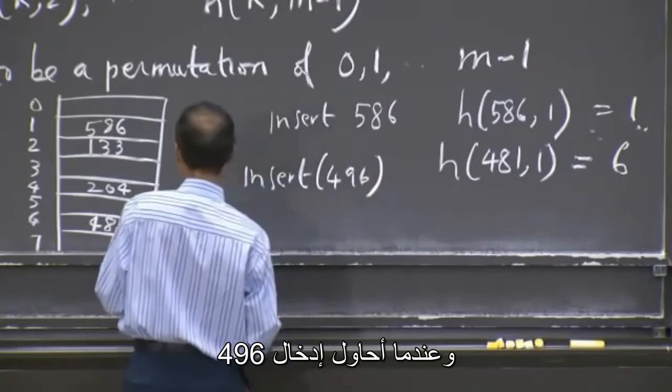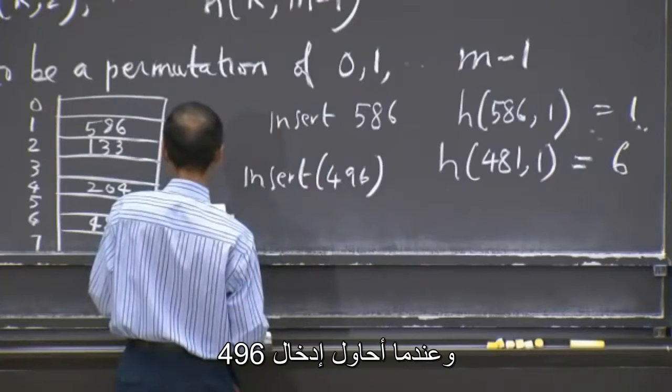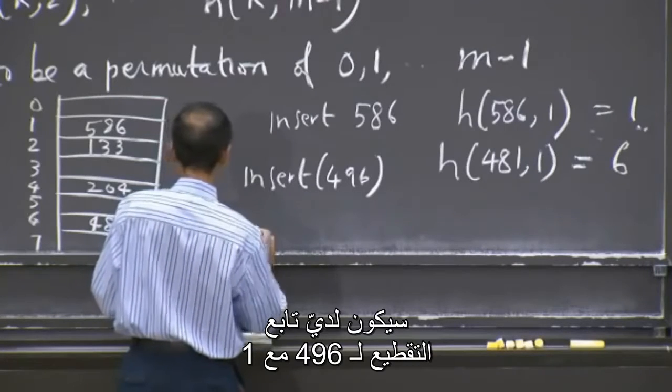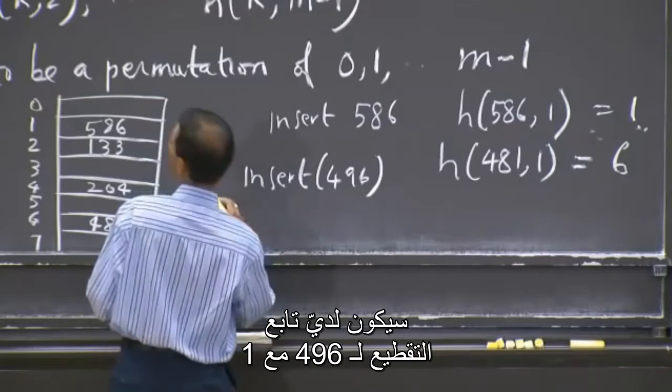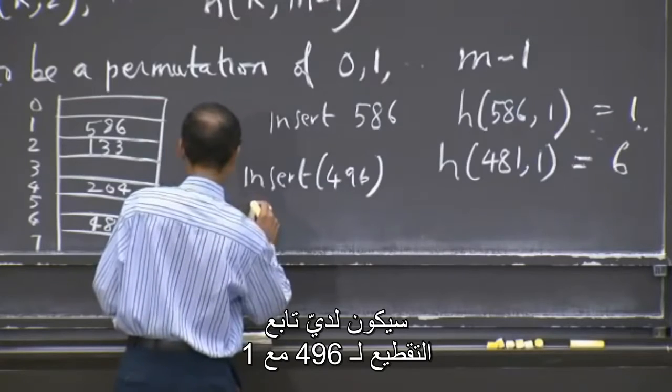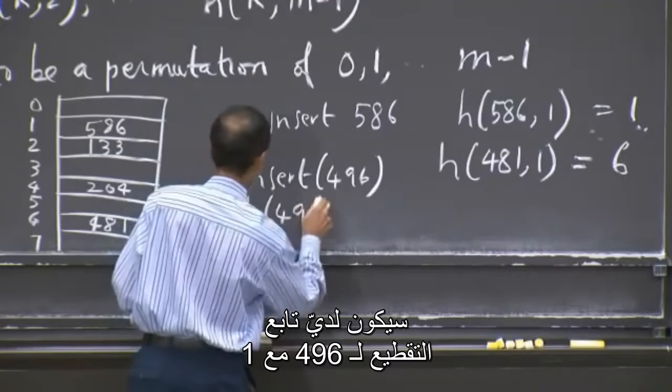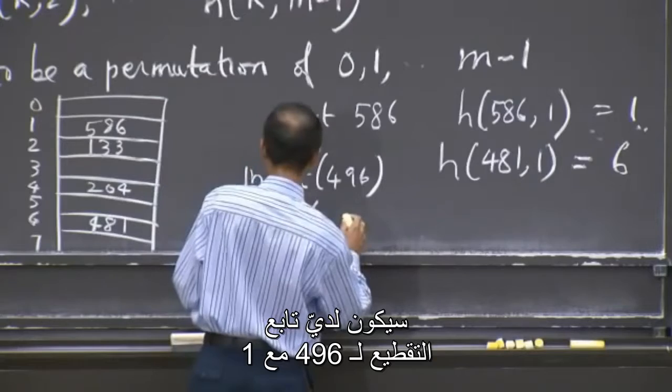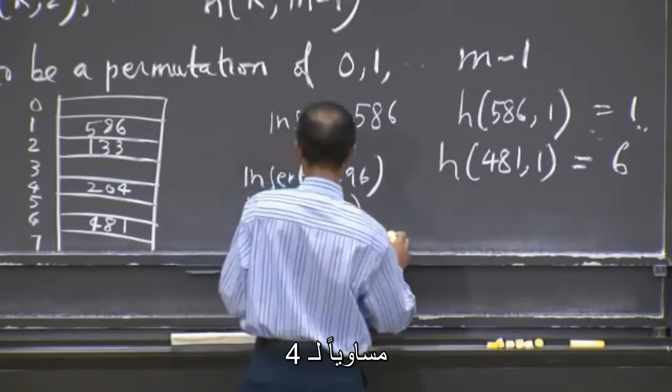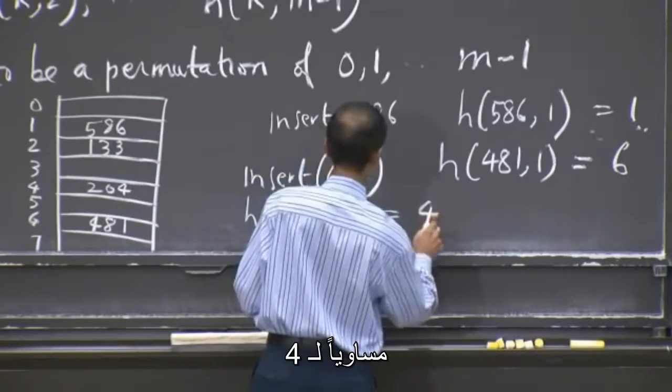When I try to insert 496, h of 496, 1 happens to be 4.